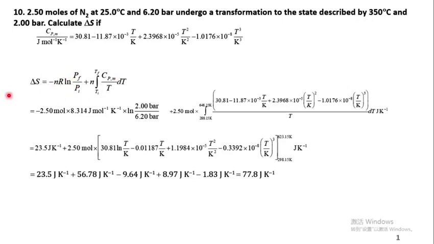You can remember these equations, because for many questions you have to use them. This part is the thermal part, and this part is the constant pressure part. So we have this one. After replacing the Cp in this equation, the remaining thing is just the mathematical calculation. So finally we have delta S in this process equals this.